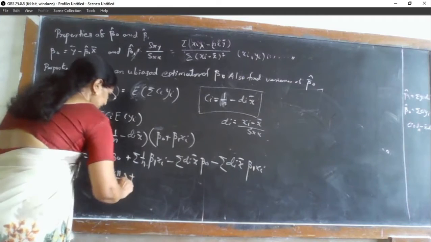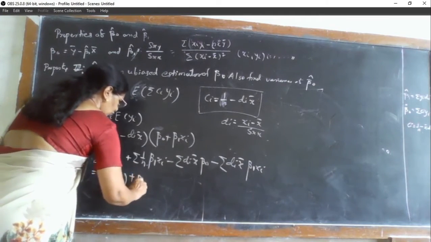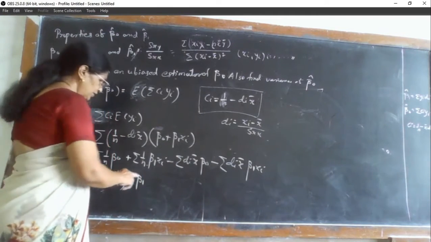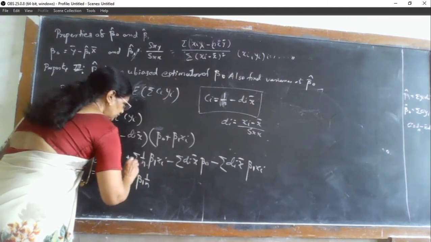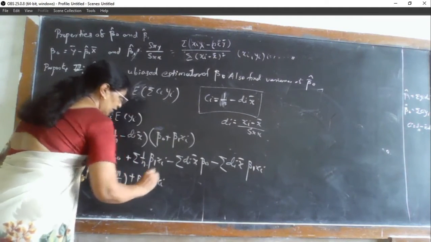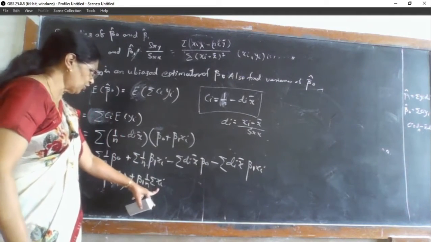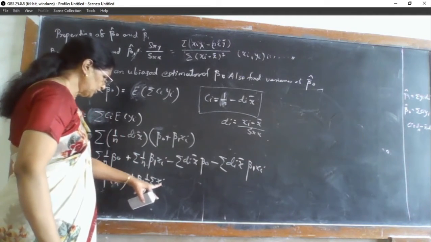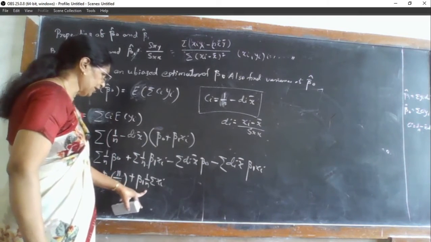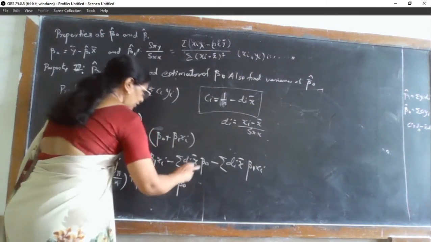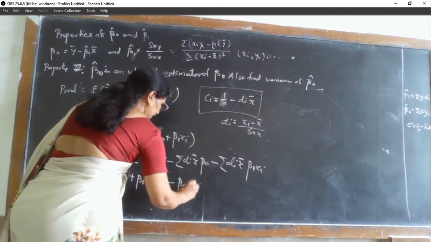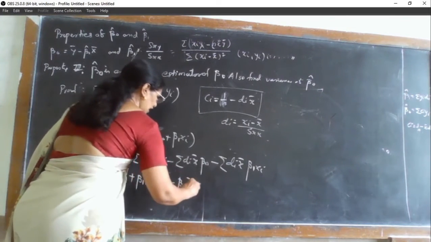Okay, plus, now here beta 1 is also constant, we can take outside. 1 upon n is also constant, and here we have summation of xi. And what is summation of xi? Summation of xi is n times x bar, or summation of xi upon n is your x bar. Minus, here I write beta naught as it is, I write x bar, and what is di?